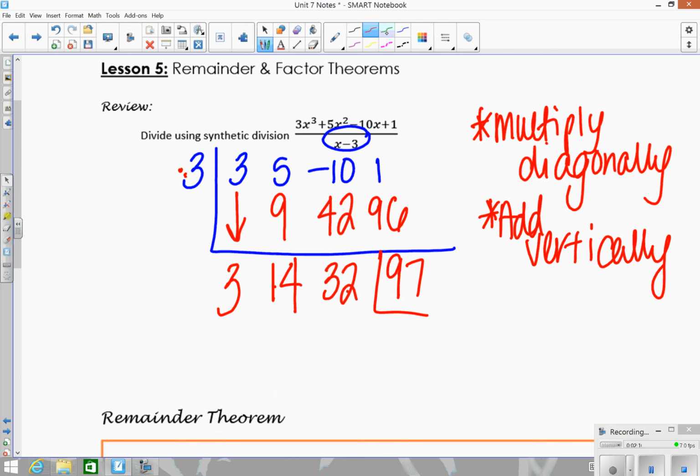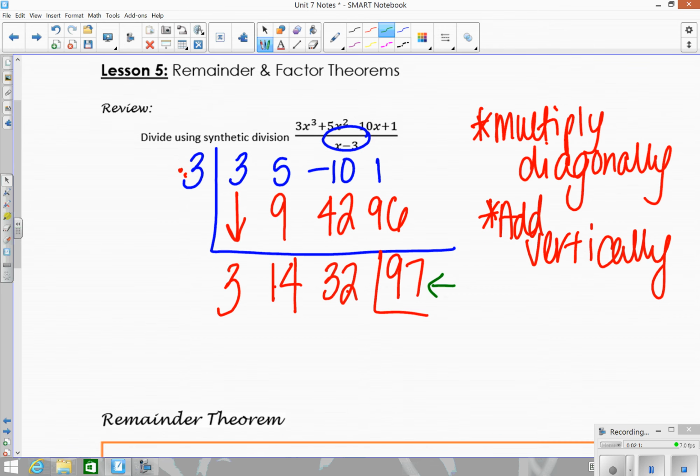This number that's left is always the remainder. Since we got a remainder of 97, that means the original polynomial is not divisible by x minus 3, since there was a remainder.